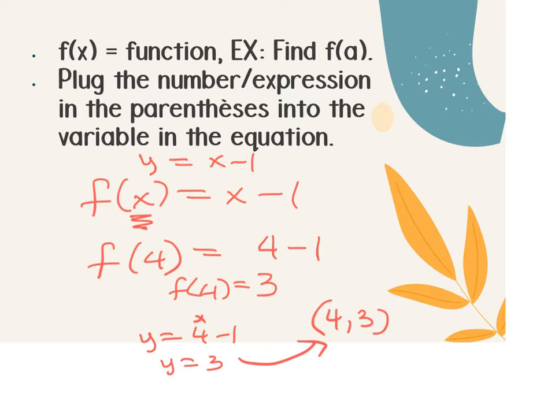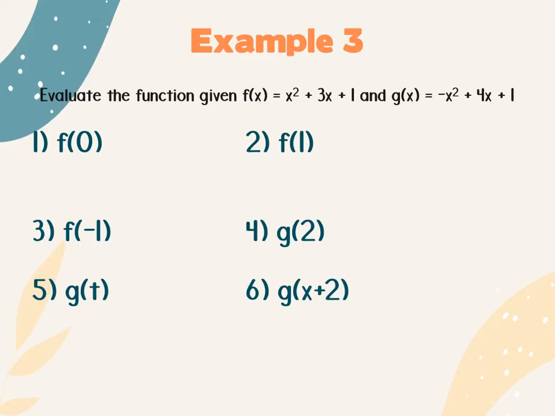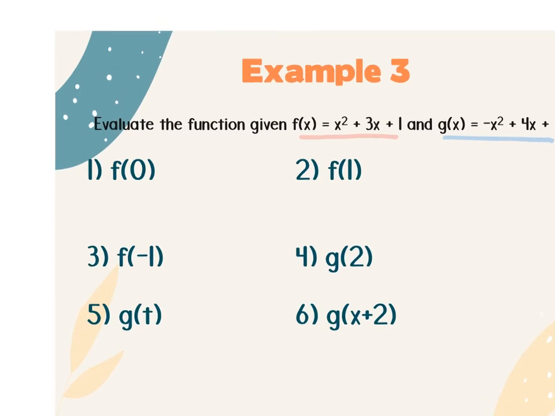So let's practice this. Now, notice I've got two functions here. I've got the f of x function, and I've also got the g of x function. So you need to pay attention to the letter in front of the number that's in parentheses. So for the first 3, I'm using the f of x function.